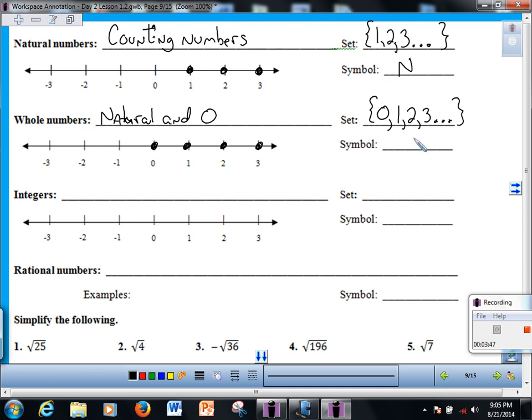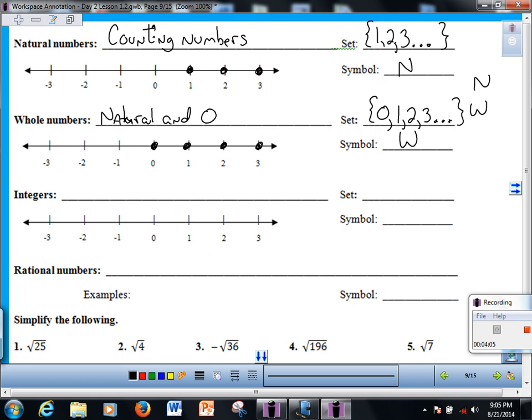With the symbol, there would be a W. W for whole numbers. So what I've got going so far is I've talked about the natural numbers and the whole numbers. If I give you a whole number, it's automatically a natural number. Kind of works that way.